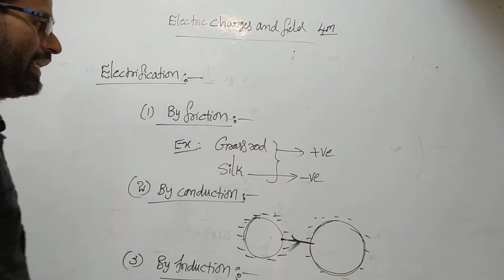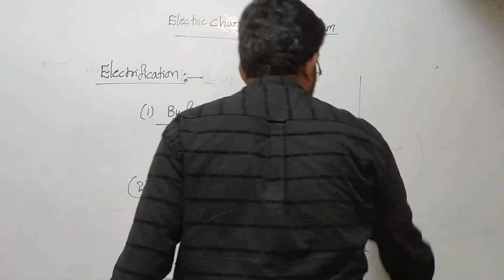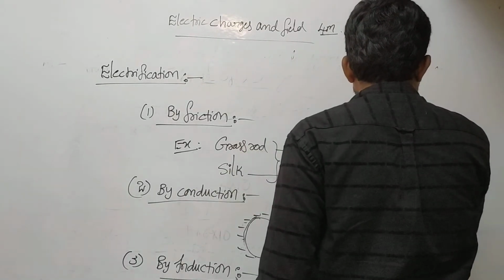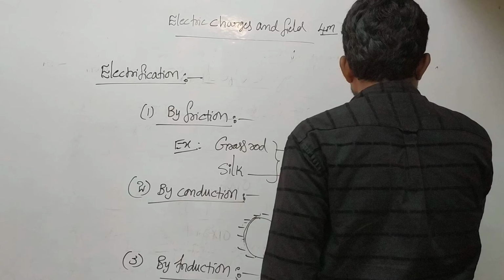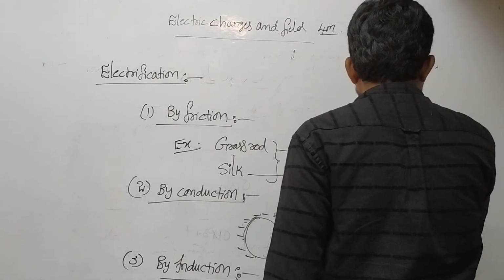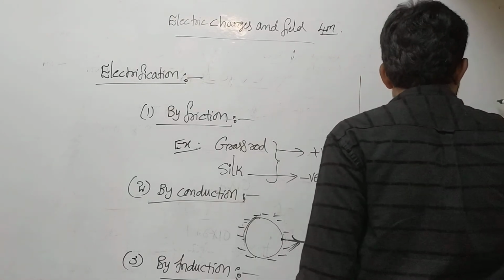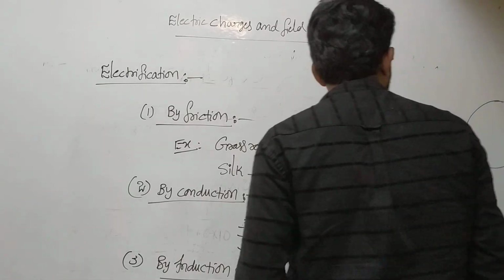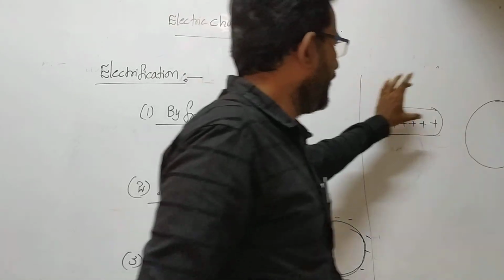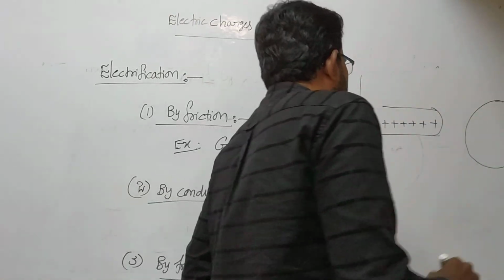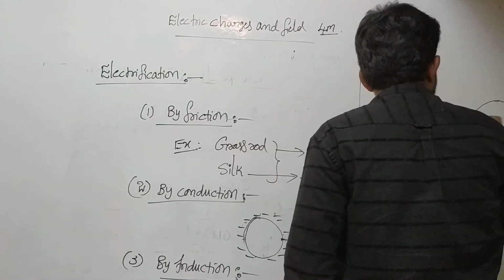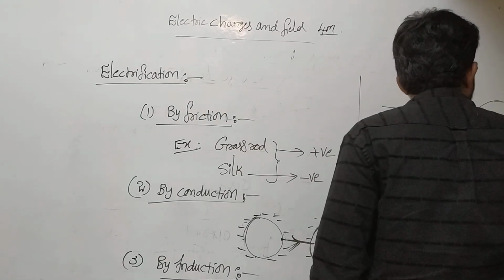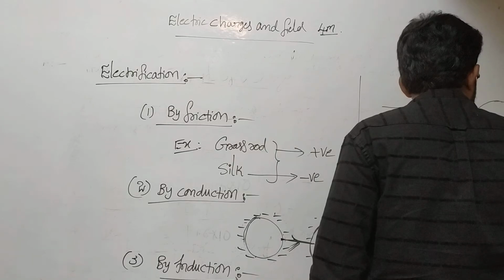What is induction? Take one positively charged body nearer to an uncharged body. Here this one is positively charged, so negative charge is induced at the nearer end and positive charge is formed at the farther end.